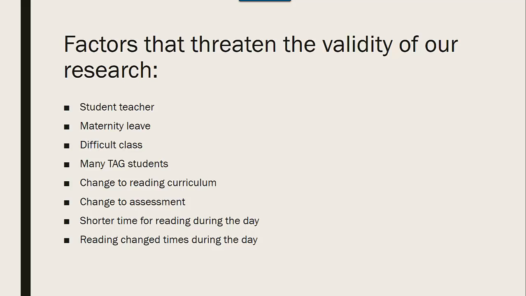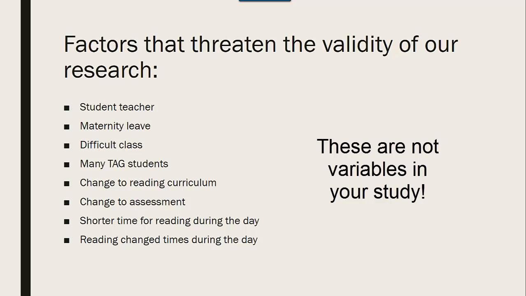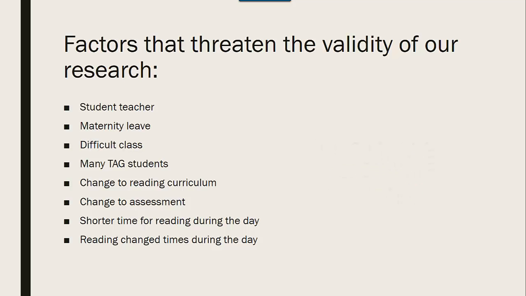So other things could be happening in our classroom that were not stated in our research question. They're not the variables we're looking at, but these things could make a difference to how well my treatment worked as well. Maybe I had a student teacher, and maybe my students were so thrown off by the student teacher that goal setting didn't make any difference because the impact of that was so great that my treatment didn't work.